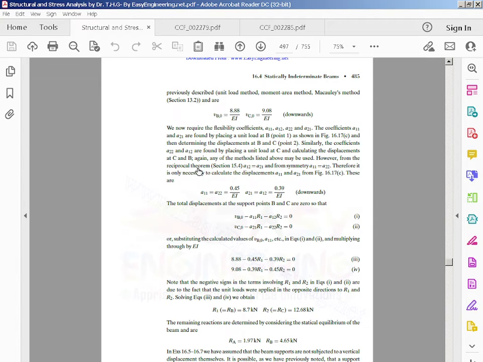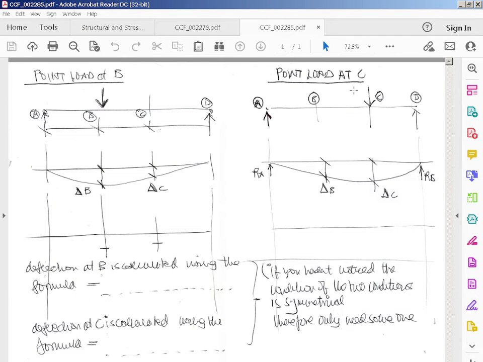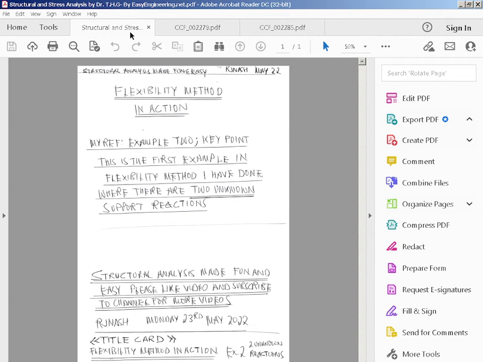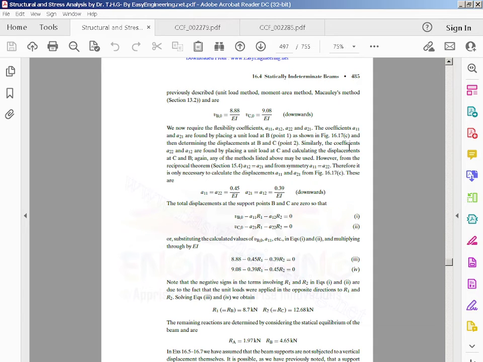However, from the reciprocal theorem, section 15.4, A12 equals A21, and from symmetry A11 equals A22. That's just because it's symmetrical: this is a left hand one, point B, and this is a right hand one at point C. Therefore it is only necessary to calculate the displacements A11 and A21 from figure 16.1c.